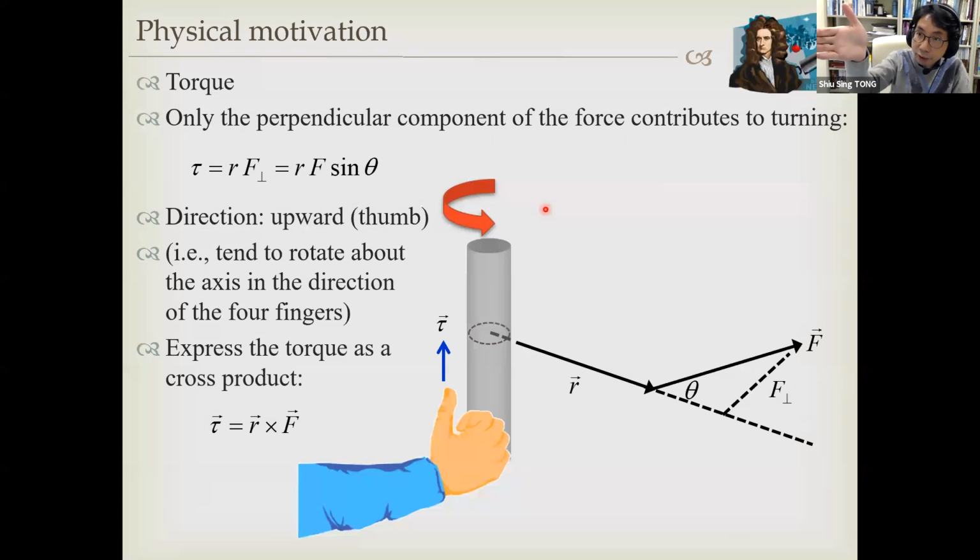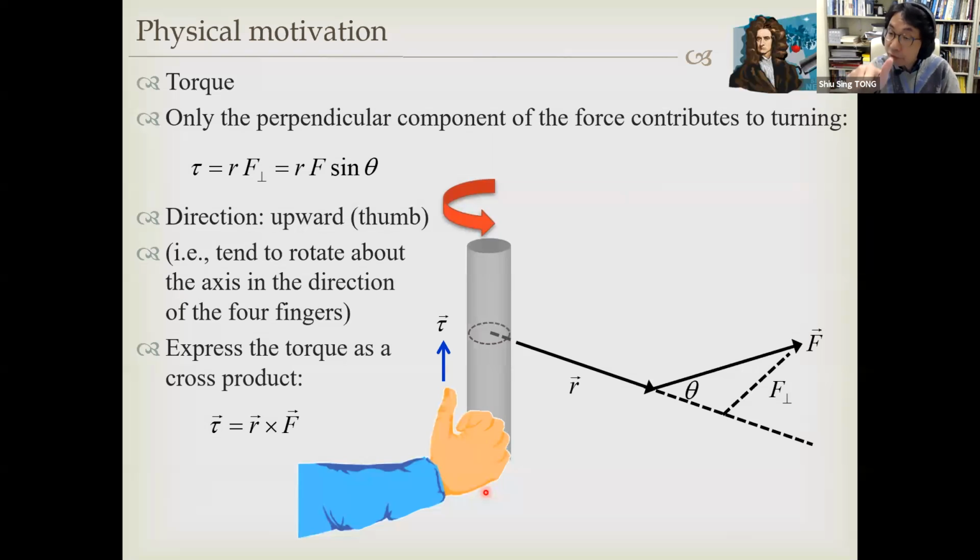I curl my forefinger around like this, and the direction of my torque is defined as the direction of my thumb. Okay, so if the object tends to rotate along the direction of my forefinger, then the direction of the torque that produces this rotation is denoted by the direction of the thumb of my right hand. That is the definition.